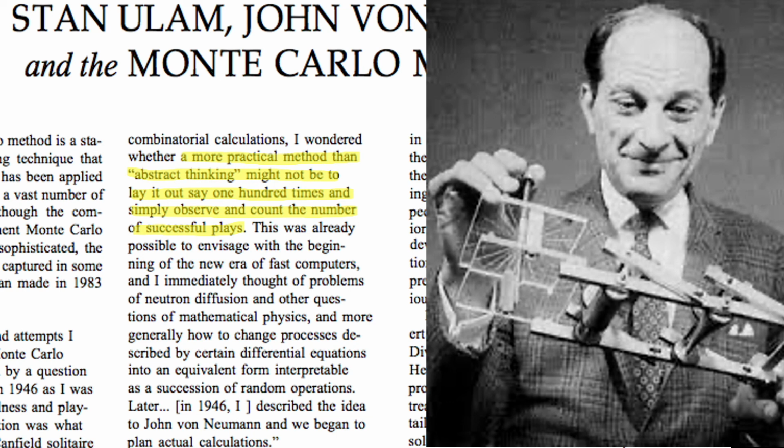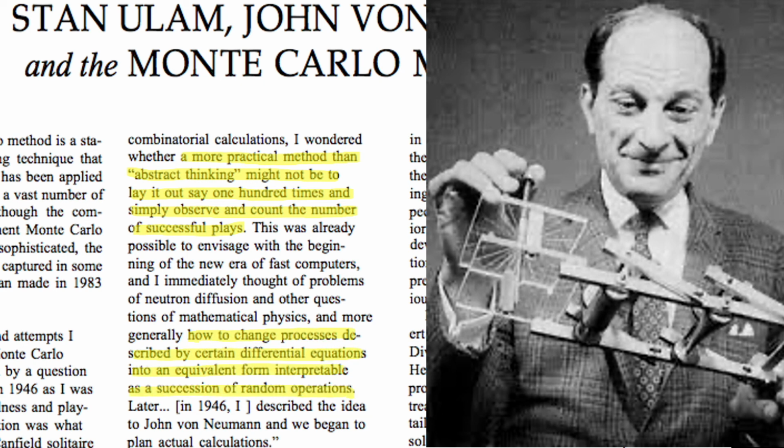Now, Monte Carlo is the name of a casino in Monaco. Monaco is a tiny country on the French Riviera where apparently Stan's uncle had lost a lot of money. And since this method of Stan had randomness or chance involved, and gambling also involves the notion of chances, they named it the Monte Carlo method.